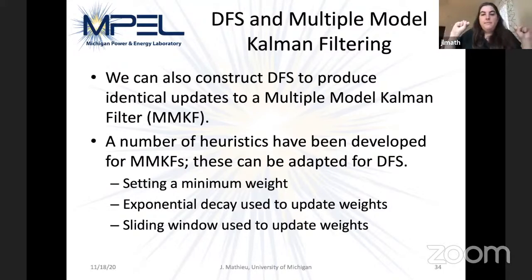But what you can then do when you realize that these things are the same is, if theory has been developed for one, you can port it over to the other. So using error statistics, like I showed you in the previous slide, is one example. But in this case, with multiple model Kalman filters, there have been a variety of approaches to improve their performance, which I list here at the end of this slide. And you can adapt all of these for dynamics fixture as well and improve the performance of that.